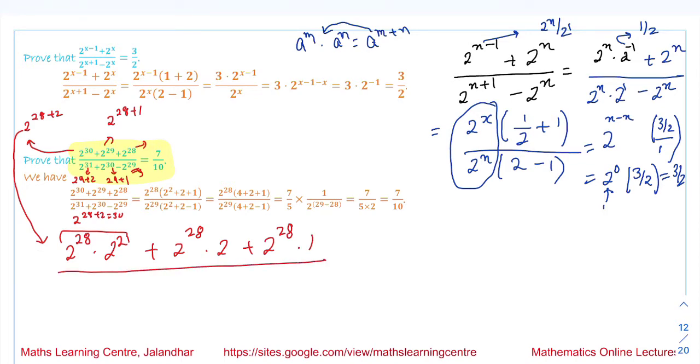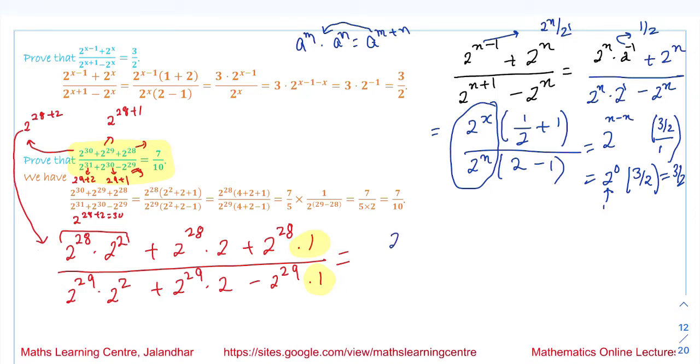In the denominator we have 2 raised to the power 29 into 2 raised to the power 2, plus 2 raised to the power 29 into 2, minus 2 raised to the power 29 into 1. This into 1 we are writing; it will be clear to you in the next step why.